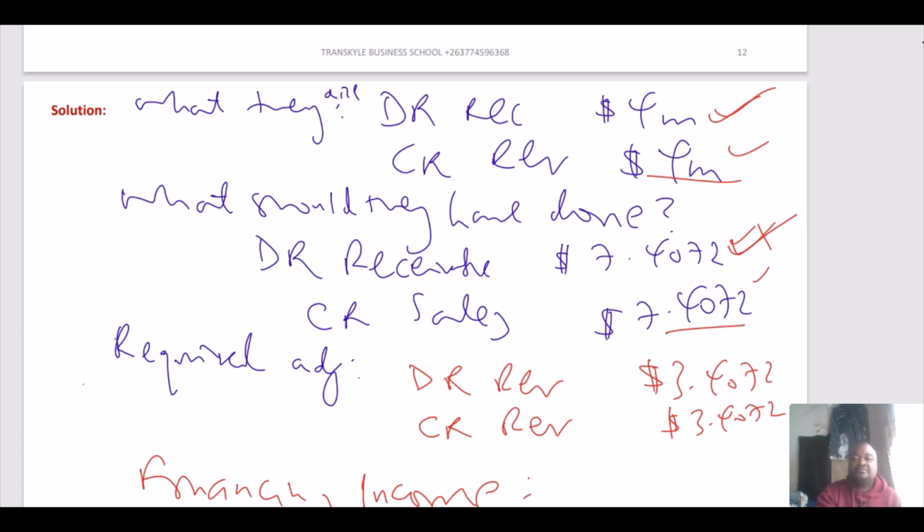So that's the total receivable, should be 7.4072 plus 0.2964. Let me just take the figure from the calculator.